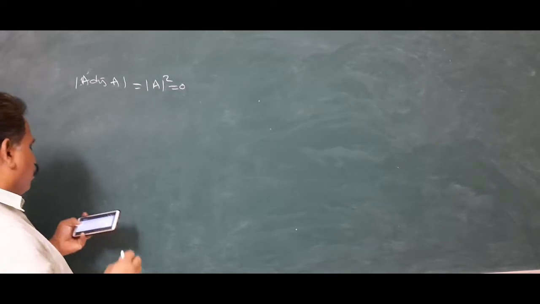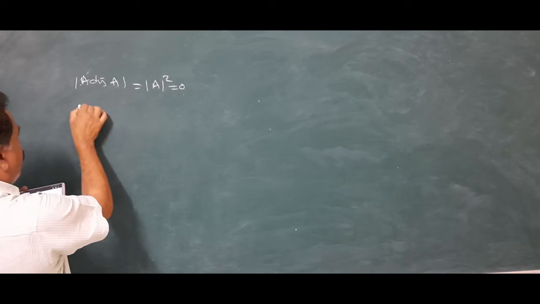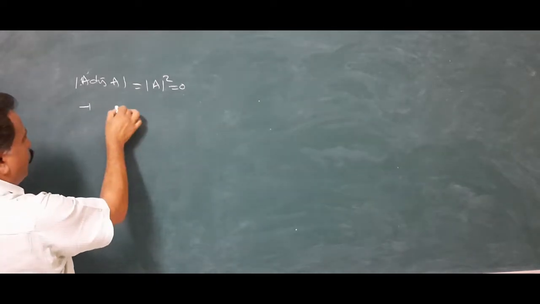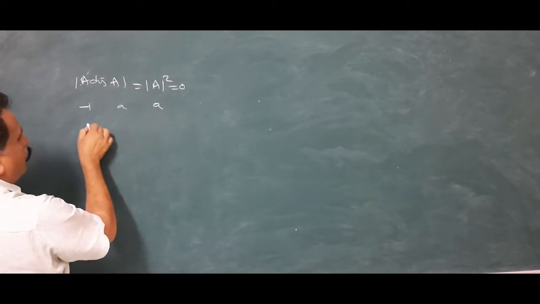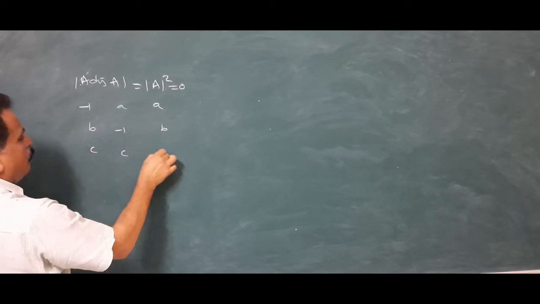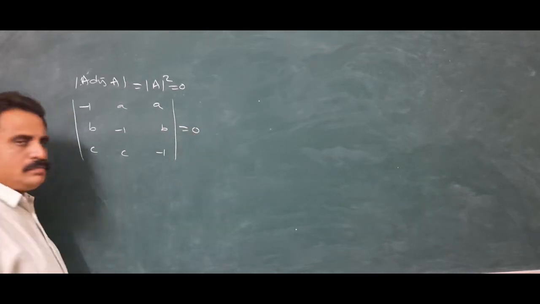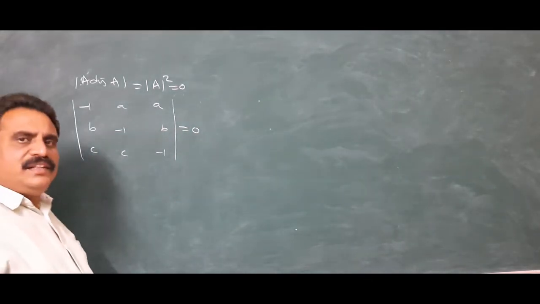Look here. The determinant with rows: 1, minus A, minus A; minus B, 1, minus B; minus C, minus C, 1 is 0. Expand this.